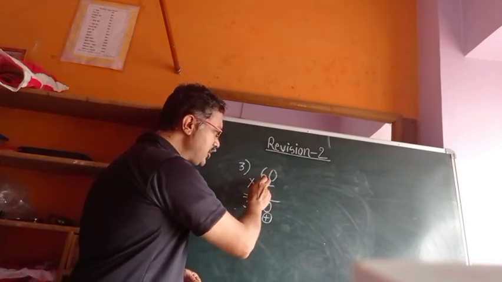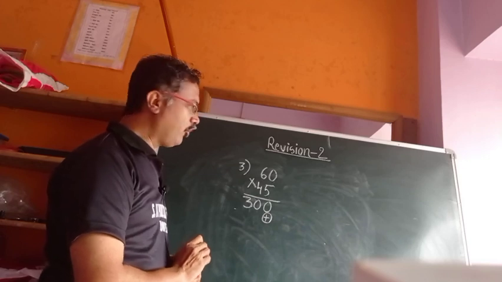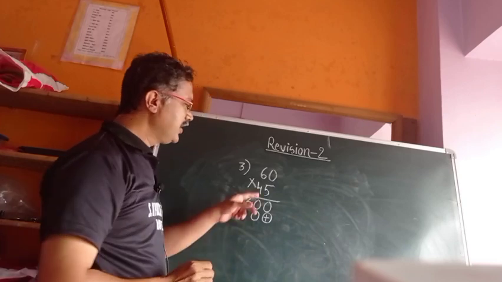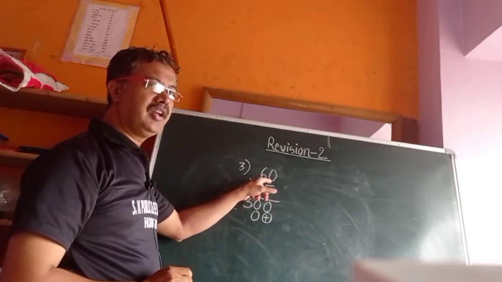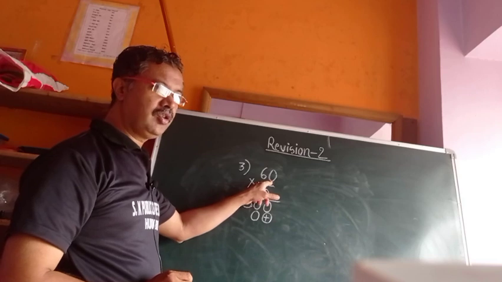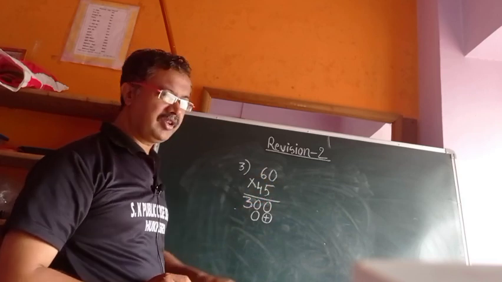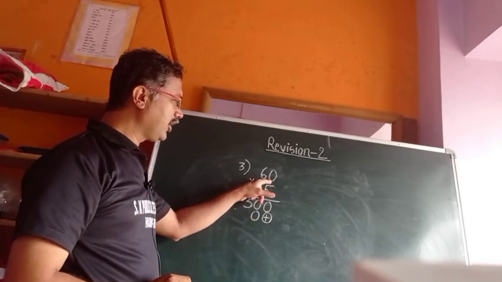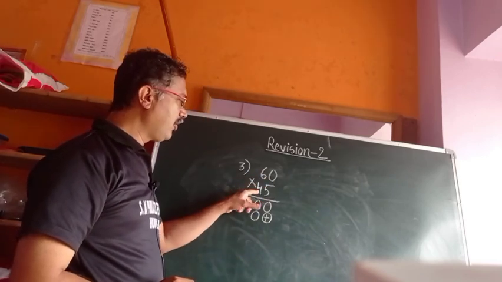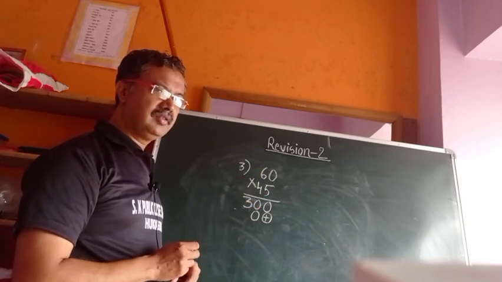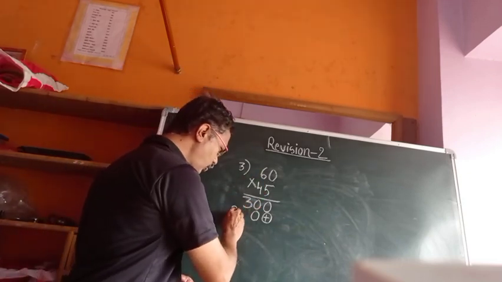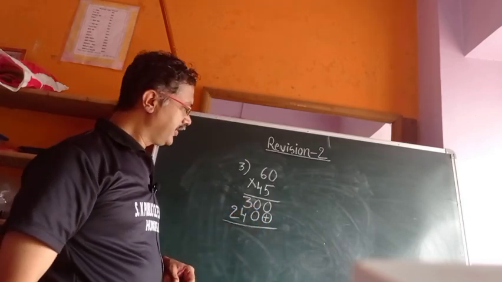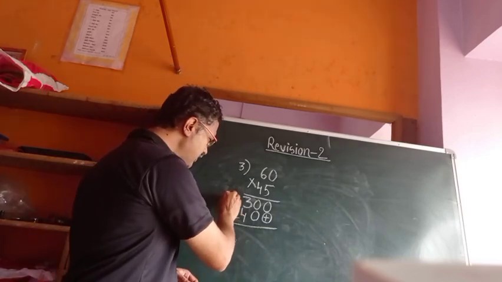Now 4 into 0. 4 into 0, 0 only, because if you multiply any number by 0, then it becomes 0. Now 4 6s are 24. Now we have to add these numbers.